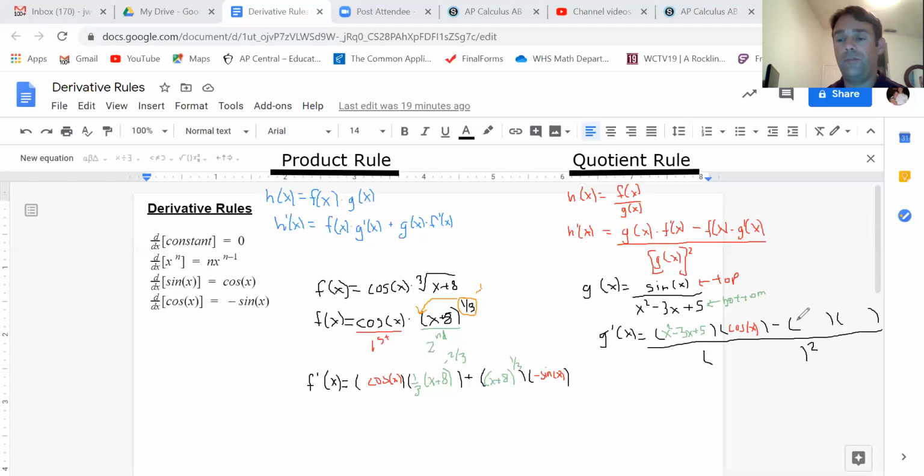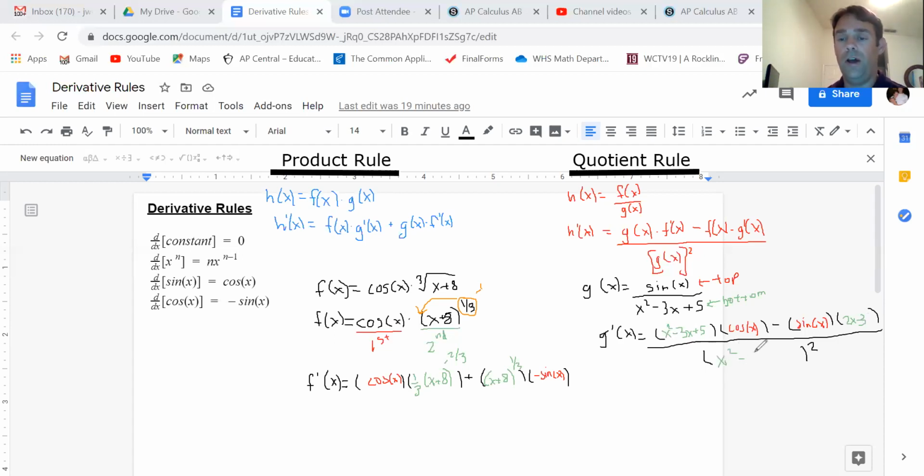Minus the top function times the derivative of the bottom function. So the bottom function would be 2x minus 3, all over the bottom function squared.